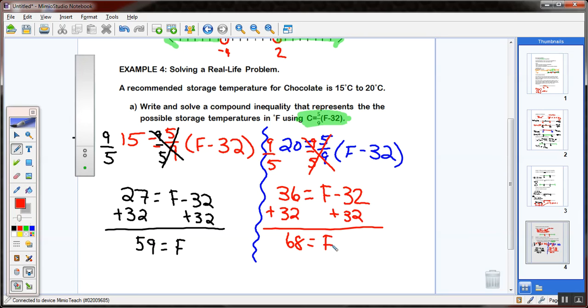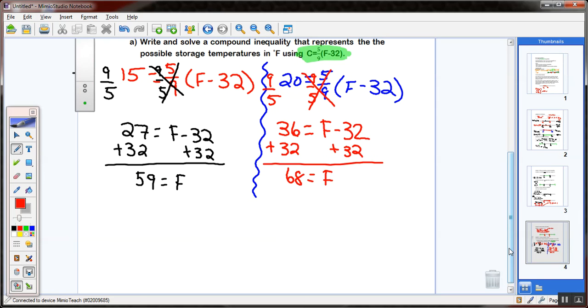So 15 to 20 degrees Celsius is what I had to keep the temperatures between to keep that chocolate good. What Fahrenheit temperatures are we really talking about? 59 to what? So they want us to write an acceptable inequality that would get us any temperature value. So we want temperature values between what and what, kids? 59 and 68. So this is going to be an interval.